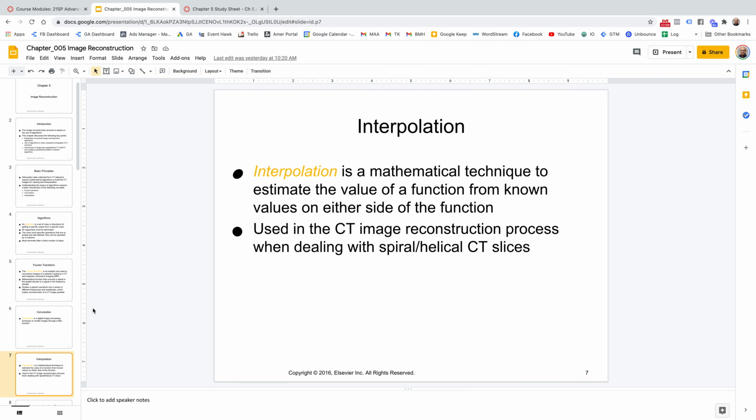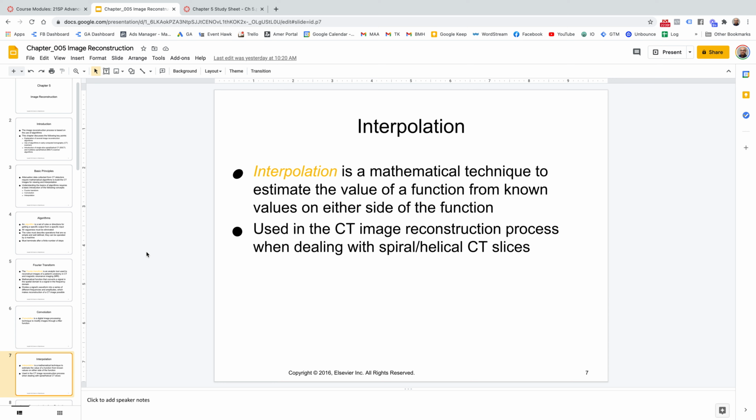Interpolation is a mathematical technique to estimate. Interpolation gives you the ability to estimate the values of a function from known values on either side of the function. So in CT, we don't technically scan every single part of the body. We scan certain slices, and because the patient's moving, there are areas that are going to be missed.